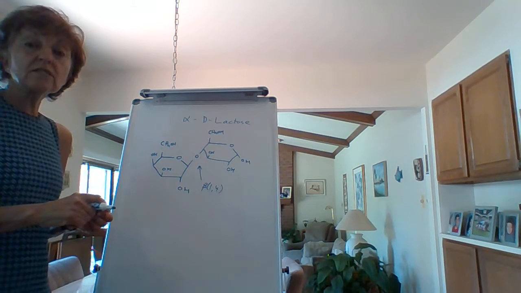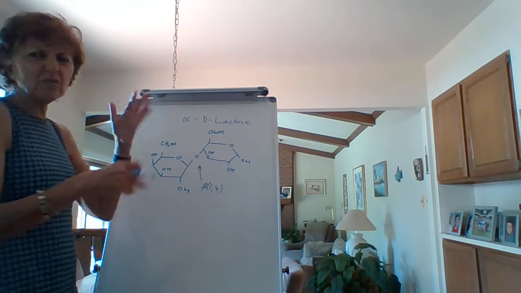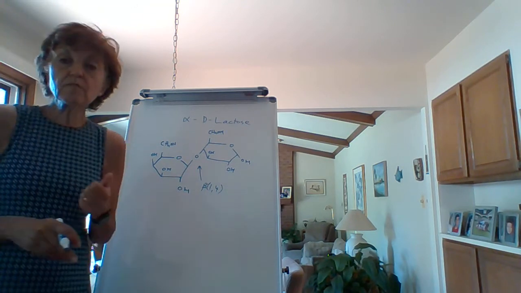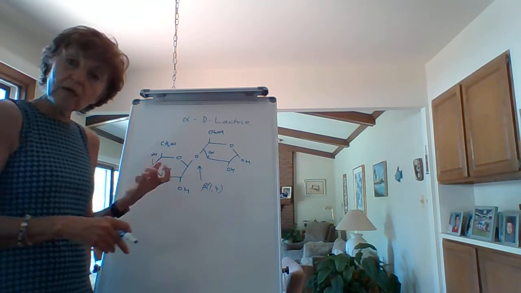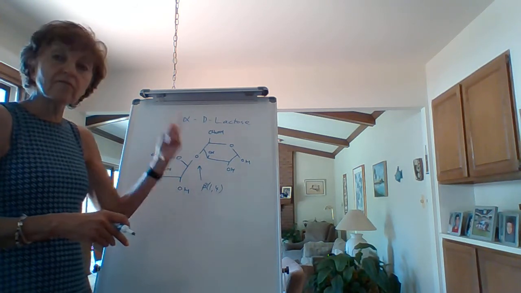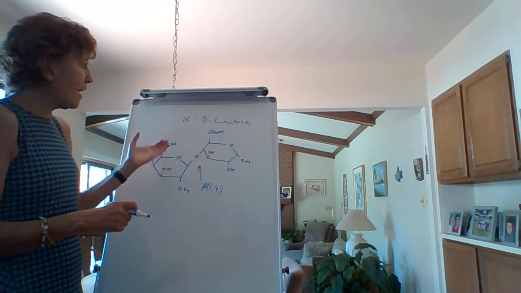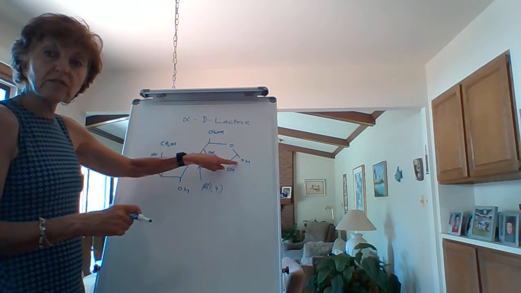And what is important about alpha D lactose, you could pretty much eliminate the D if you want to. What is important to know is that lactose is made up of galactose and glucose, and the bond between the two is a beta 1,4 bond. Okay? If you want to draw an alpha lactose, this OH has to be pointing down.